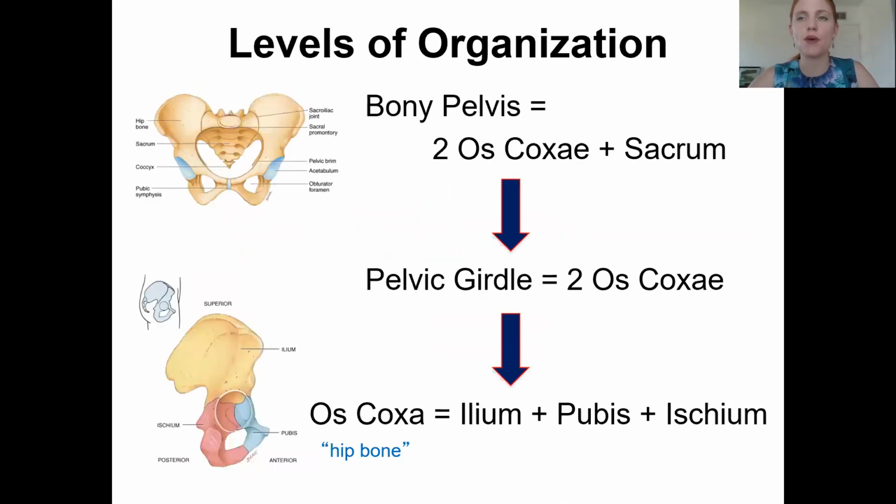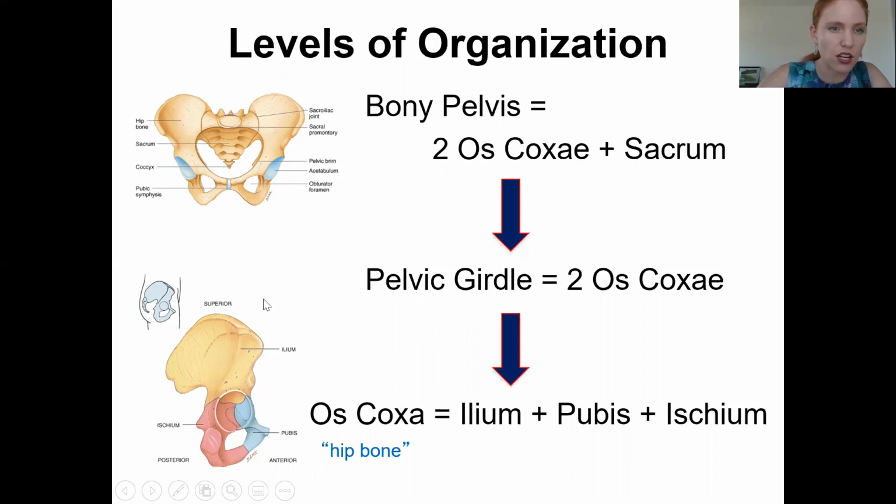So when we talk about the pelvis, there's several different layers of structure that we could be talking about. Let's start with the first one, a bony pelvis. So a pelvis or a bony pelvis, when they hear that word, what they're talking about is everything put together. And that's going to include the two os coxae.